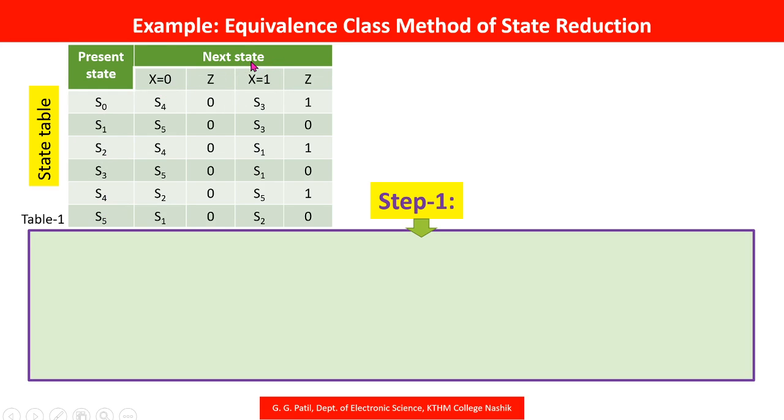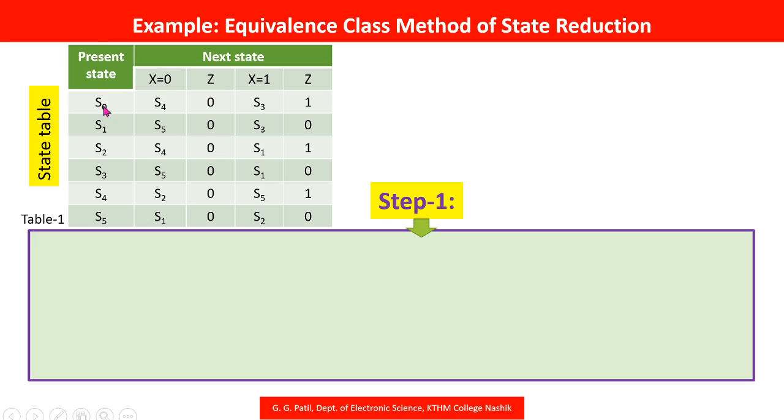X is the input and z is the output. This is the next state for input x equals 0 and z, and x equals 1 and z. That is, the output of the machine when input x is 0, and when input x is 1.